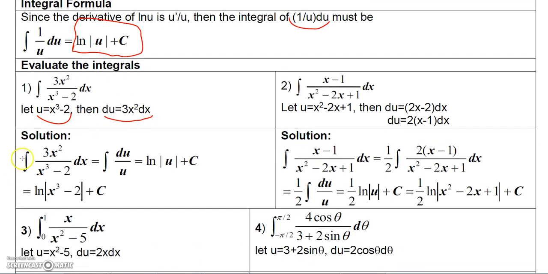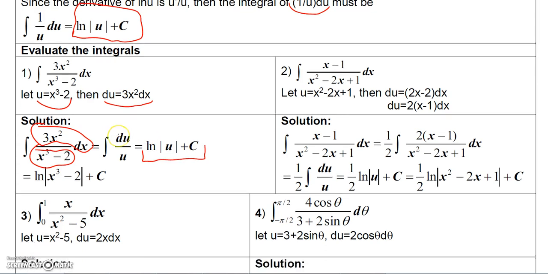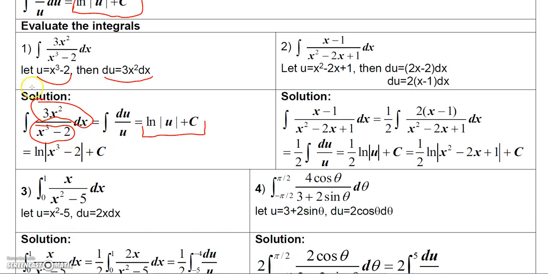So now we know that this portion right here is simply du, and this portion down here is u. So that takes the form of du over u, and to integrate du over u, we get natural log of the absolute value of u plus a constant, and then we replace our substitution for u by putting x cubed minus 2 in for the u value.